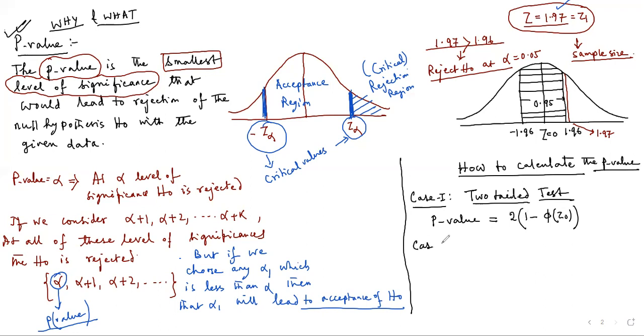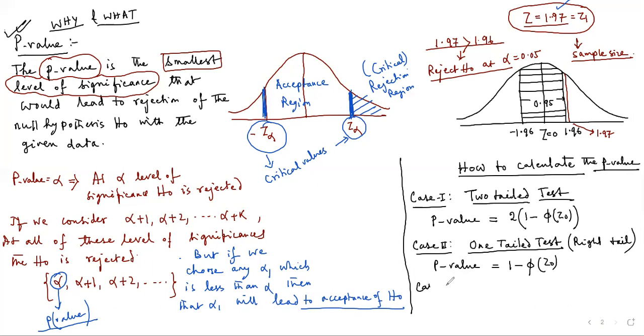Case 2: if you are considering a one-tailed test, and in this one-tailed test you are interested in the right tail of the normal curve, then your p-value is calculated as 1 minus phi of z naught.